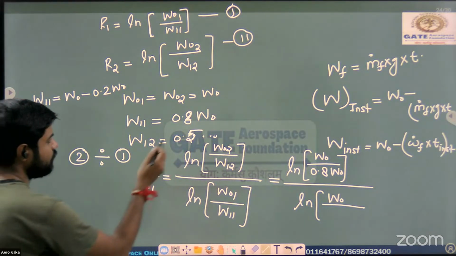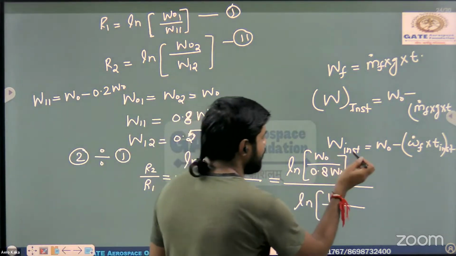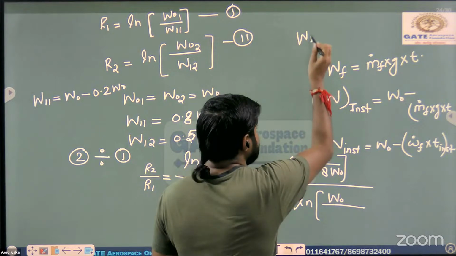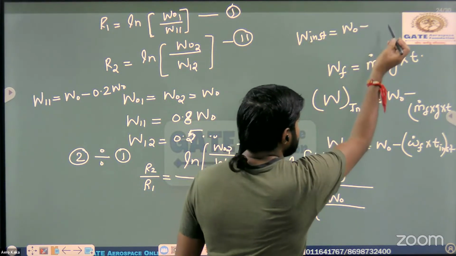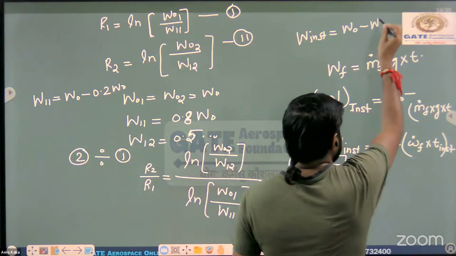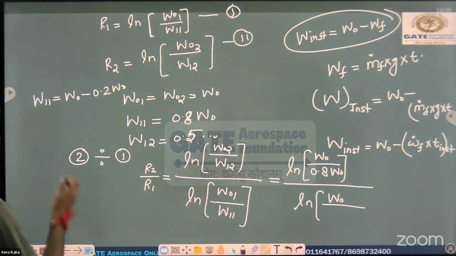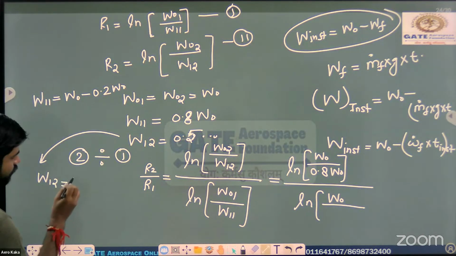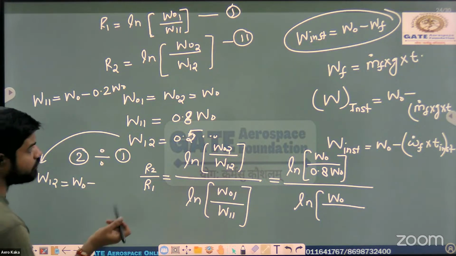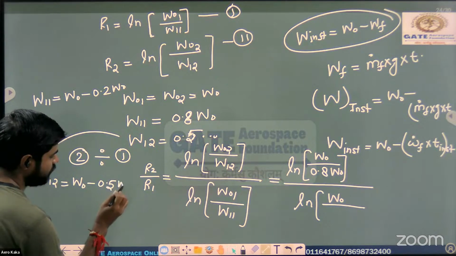Then W12 we are getting, it's 5 here. How are we getting it? With the help of this formula only. The instantaneous weight is how much? Initial weight minus weight of fuel, right? That's what we are using here. So again, W12 is equal to W naught minus how much? 50%, so 0.5 times of W naught.